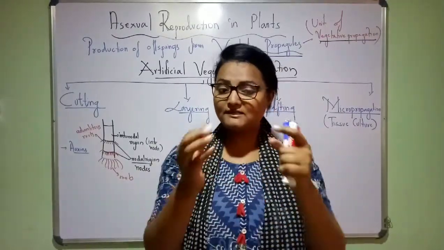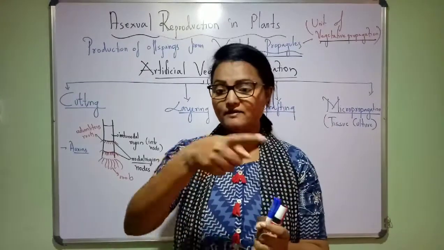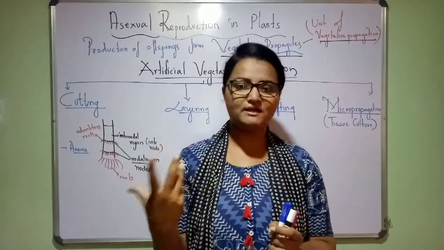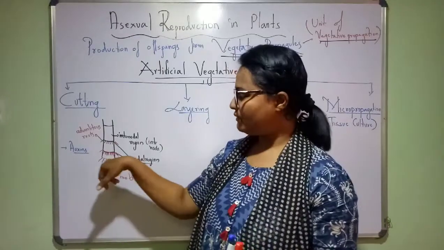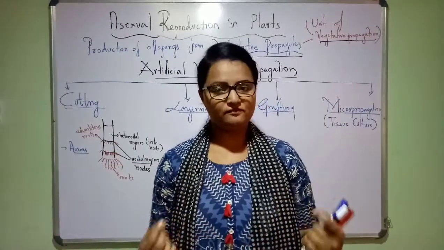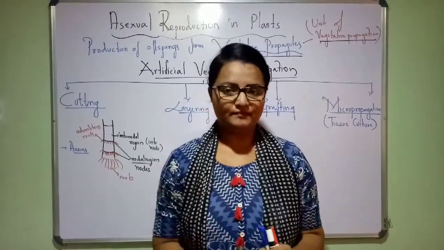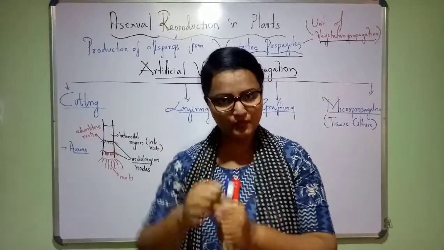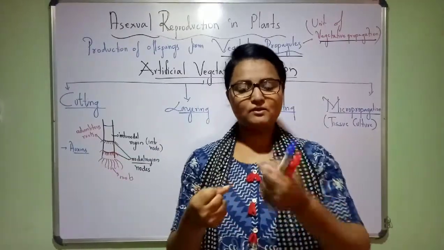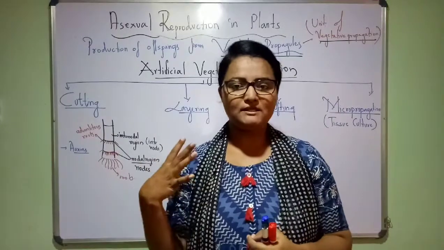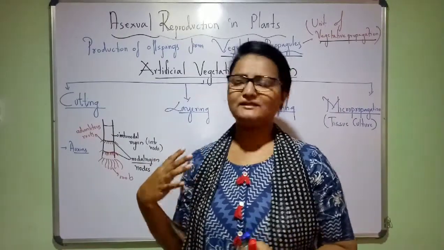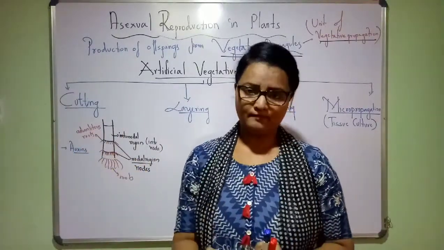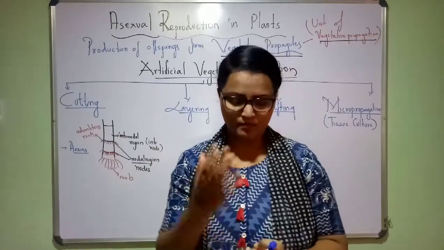It is the cover or wall of the vascular bundle, and roots will arise from this pericycle. Hence we cut at the nodal region itself, so that the roots will grow and we can keep it in soil for the further growth of the plant. This is simple cutting, an artificial vegetative propagation.